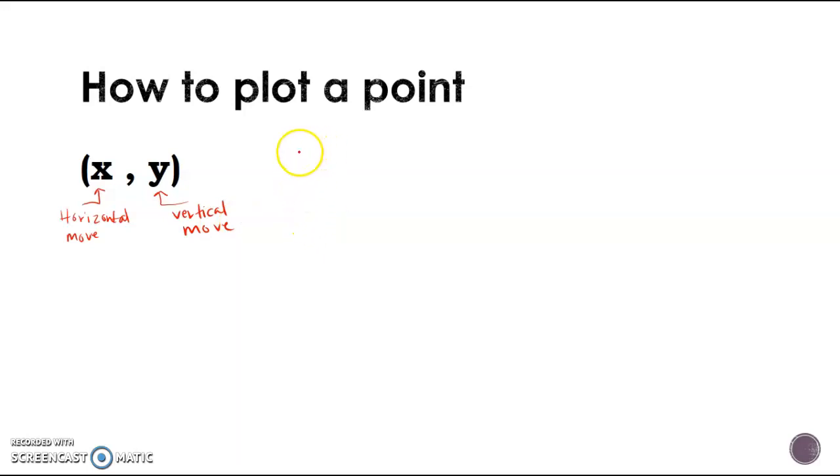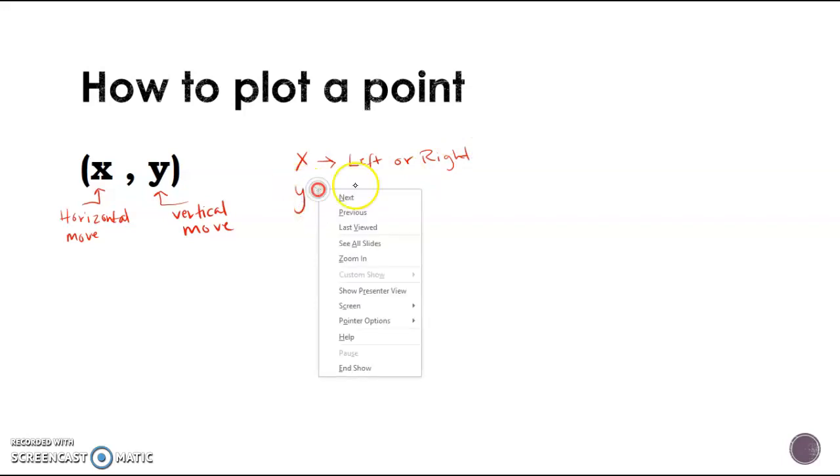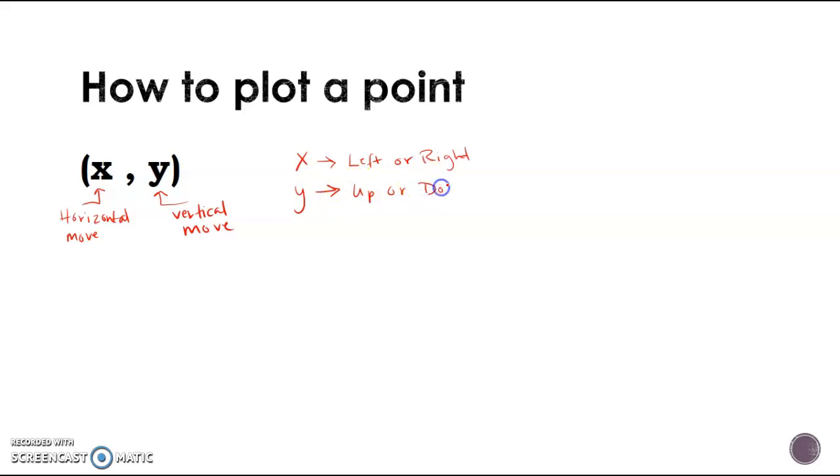So in other words, x is our left or right, and y is our up or down. And then the decision on which way you go is dependent upon the value.